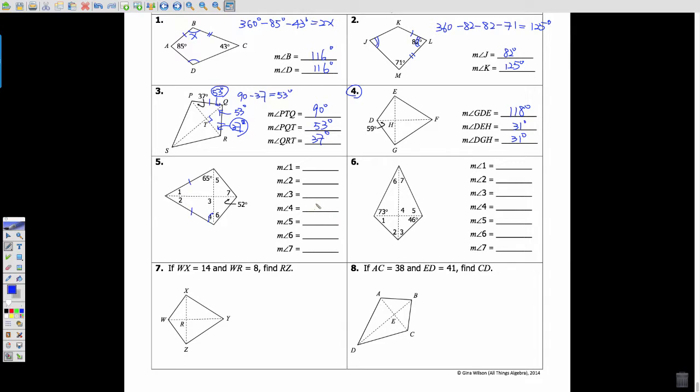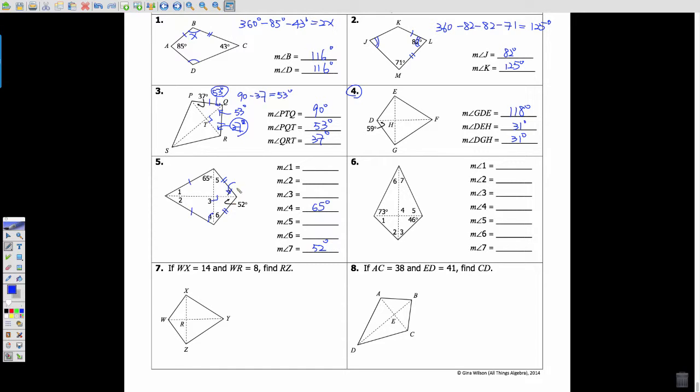So angle 4 is 65 degrees. And if I know 52 is here, number 7 must be 52 degrees, because again, these are congruent. And if this is perpendicular, I've got a perpendicular bisector, and therefore this is bisecting the opposite angles.